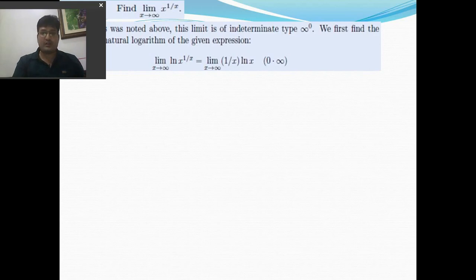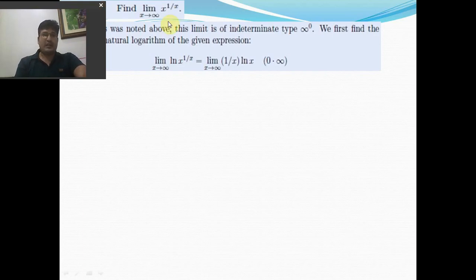So we have to convert this form into 0 by 0 form or plus minus infinity by plus minus infinity form. So for this, we have to take the log both the sides, and always take the log of the function if the function is in the form of function raised to the power function, right?